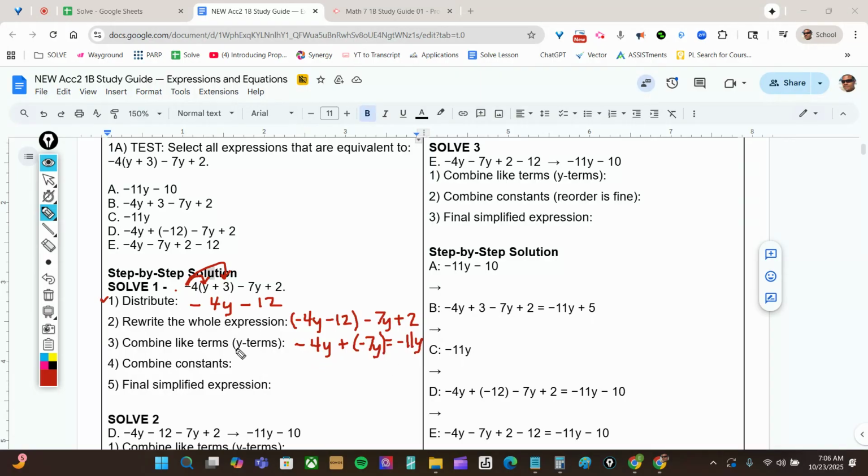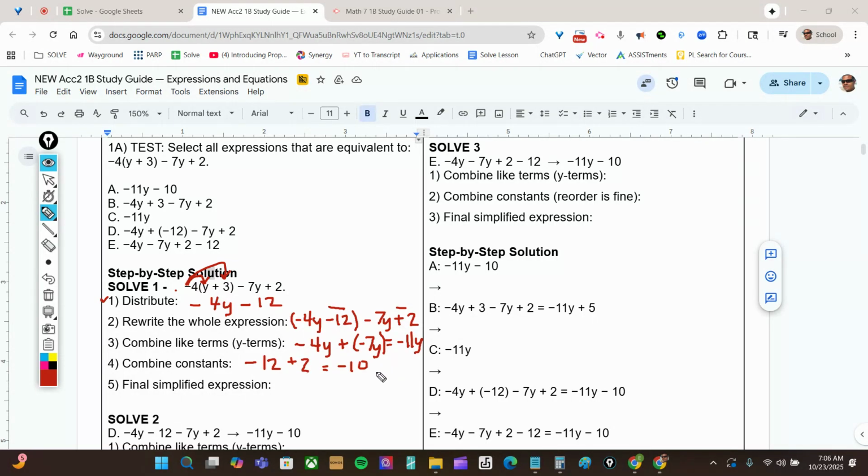Then we're going to combine the constants, and that is going to be the negative 12 plus 2. So we got negative 12 plus 2, which gives us negative 10.